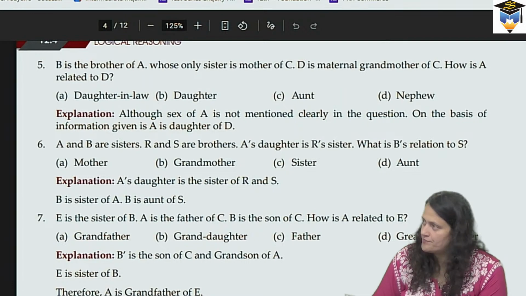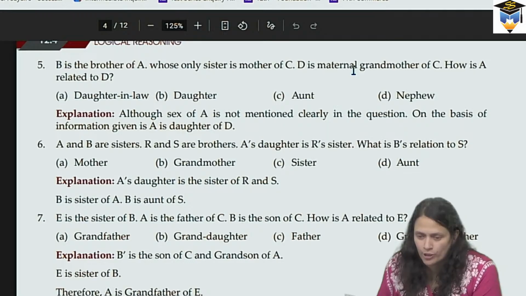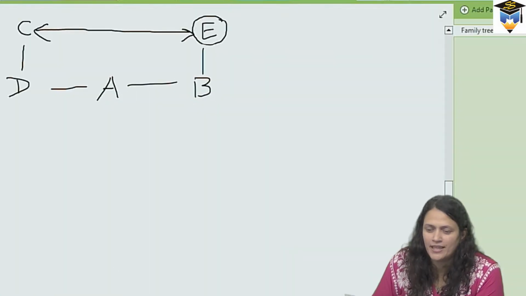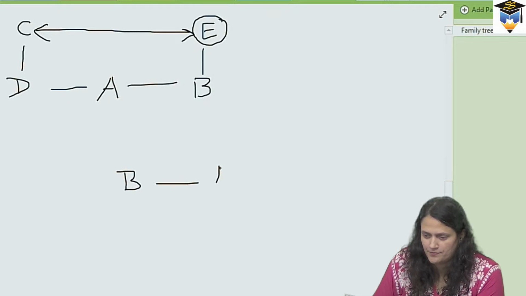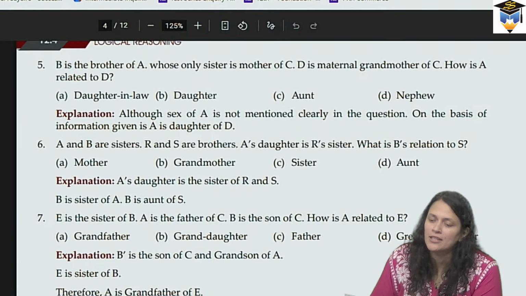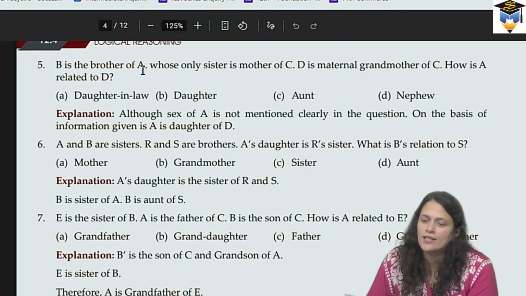Okay. So let me tell the fifth from the module. Draw the diagram again. B is the brother of A, whose only sister is the mother of C. So whose only sister म्हणजे कोण असणार आहे?